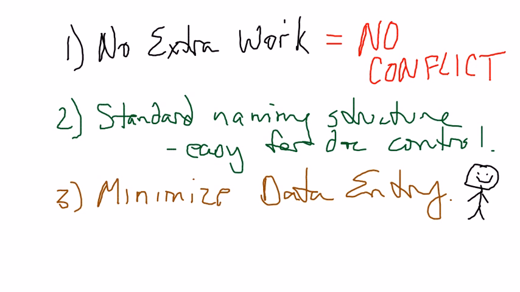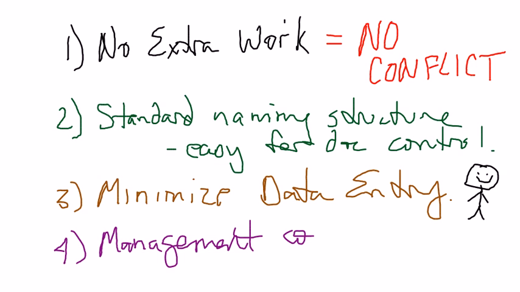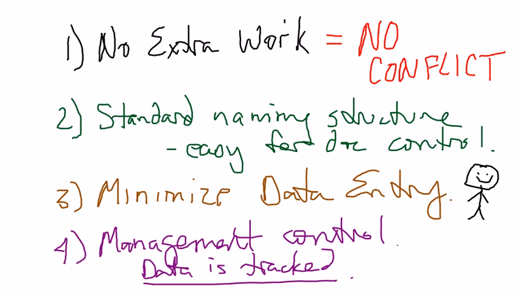And the fourth, but not least, is the introduction of management control, and knowing for sure that the data is tracked. So when things go missing or when things haven't been completed, both the vendors and the end users have access to the same data set.